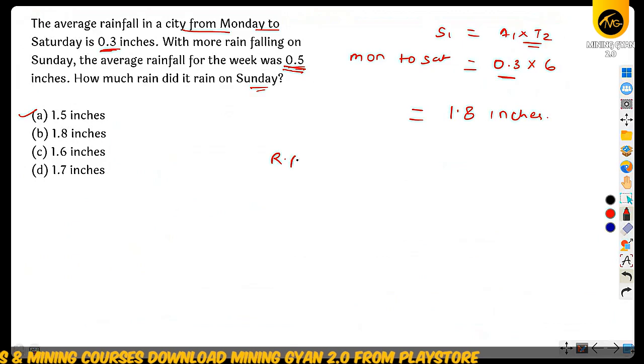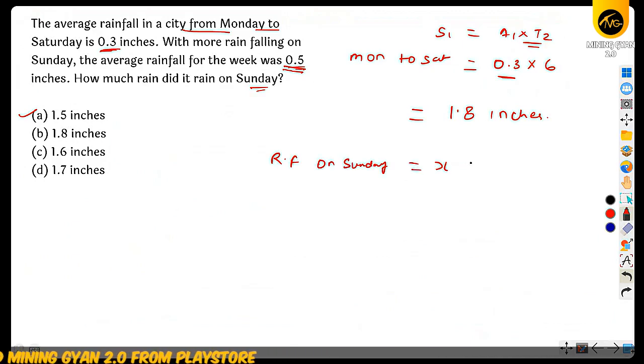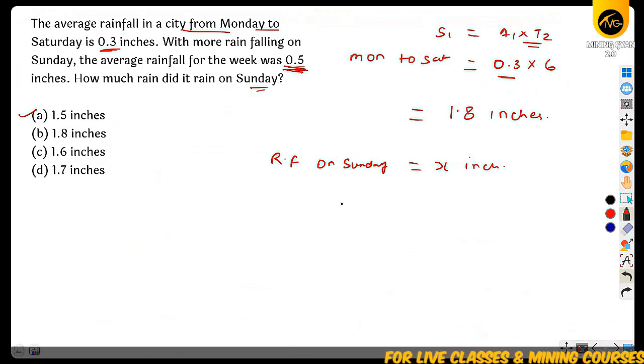Now the rainfall on Sunday. Suppose the rainfall on Sunday is equal to X inch. Correct. So the average rainfall for the week was 0.5. So this is for 7 days, the average of 7 days.